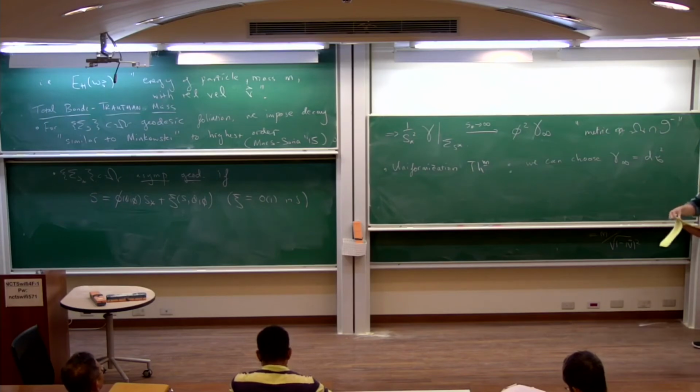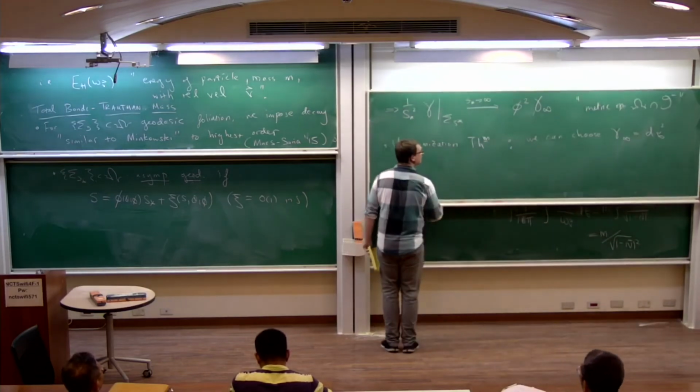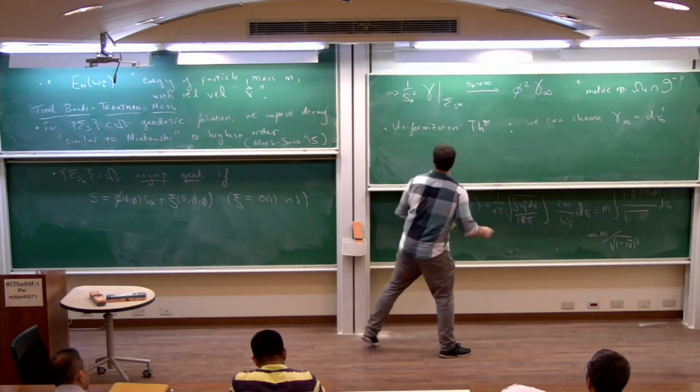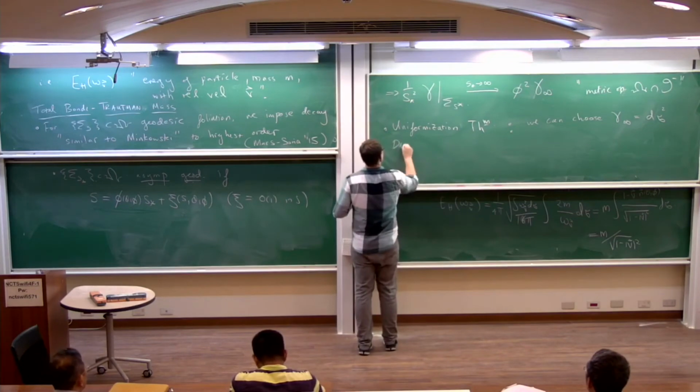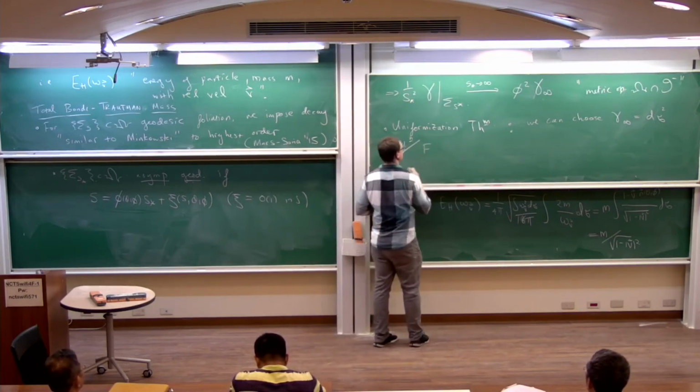All right, so if I've made a background foliation choice that goes to the round sphere at infinity, then I finally have the Bondi energy.